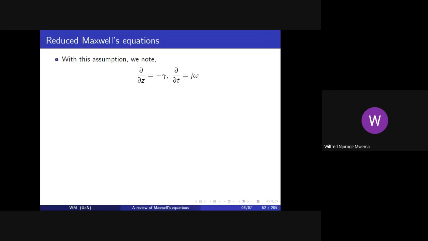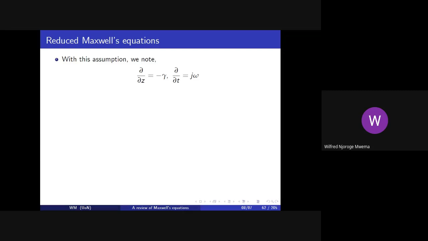It's usually given as gamma equals alpha plus j beta, where beta is called the phase propagation constant and alpha the attenuation constant. Once we make that kind of assumption using an exponent, we simplify our solutions very easily, because the spatial derivative with respect to z is just given as minus gamma, and the time derivative is just j omega.